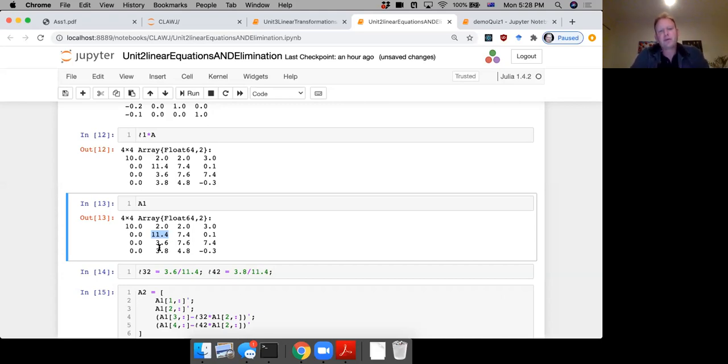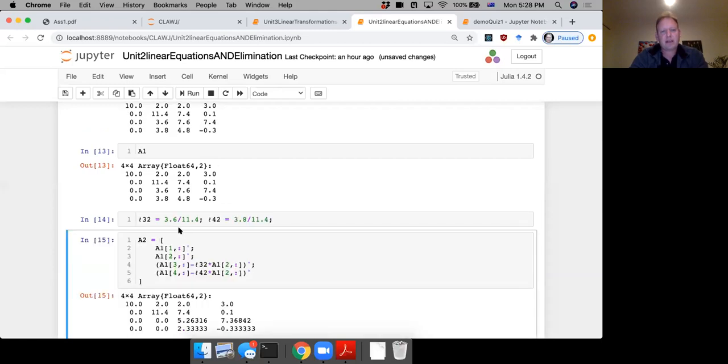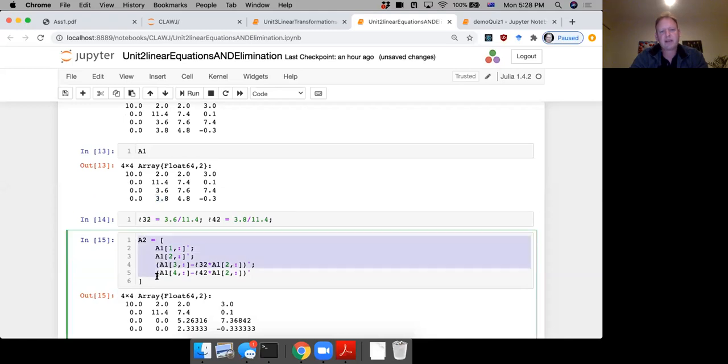So what we're doing now is we're going to the entry L32, which is this 3.6 divided by the pivot 11.4. And L42 is going to be this 3.8 divided by the pivot 11.4. And this is how we make the matrix A2.